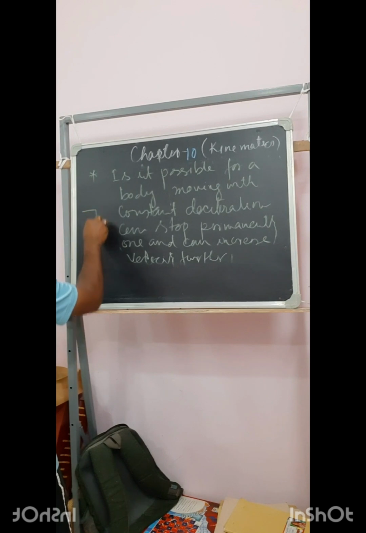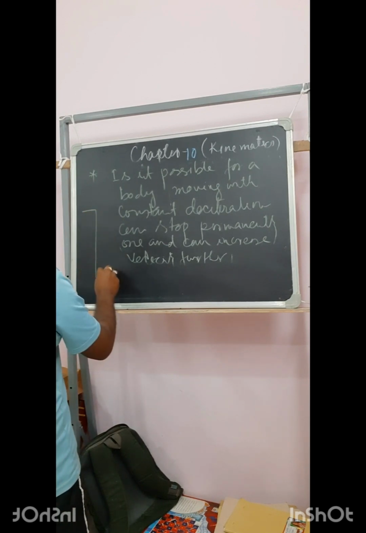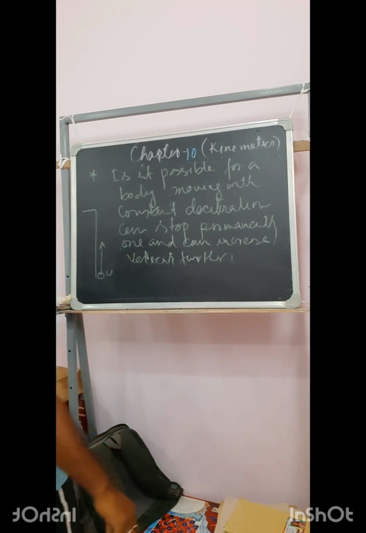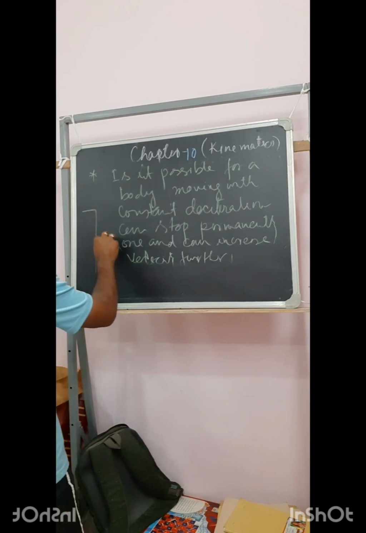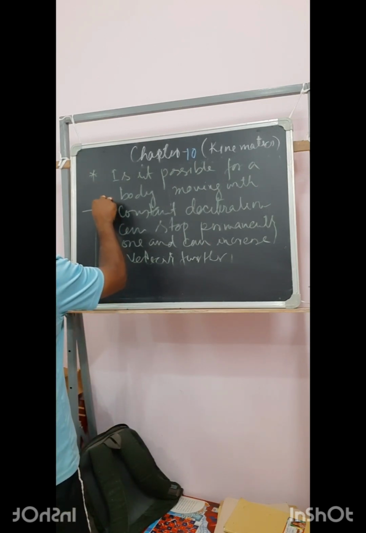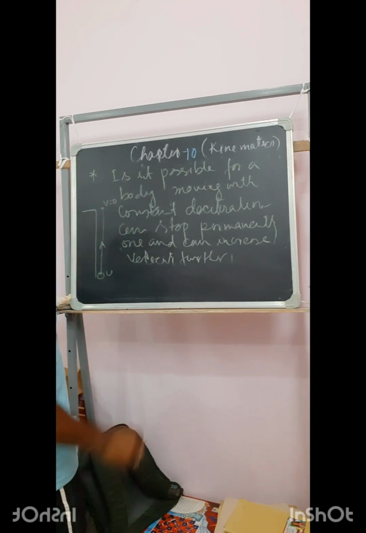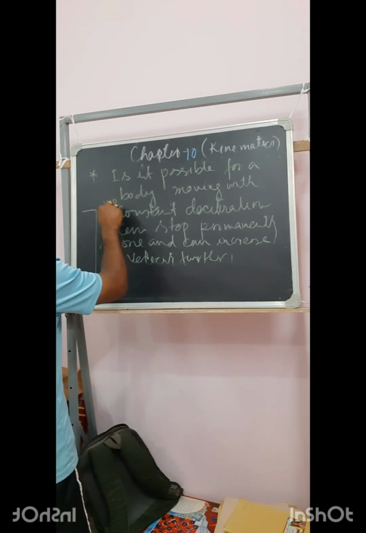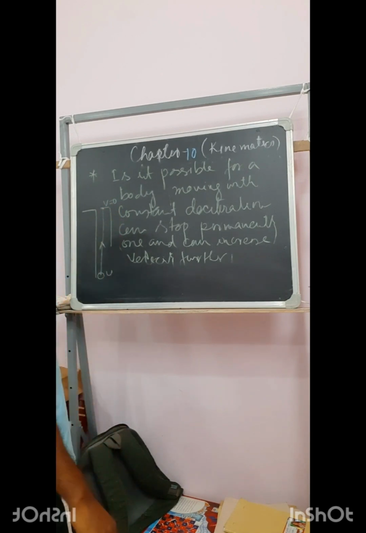Or if I take a similar thing, a body is thrown from the ground, that means it has started with initial velocity u. After reaching the maximum height, it must attain velocity zero. Then after it starts moving downward.